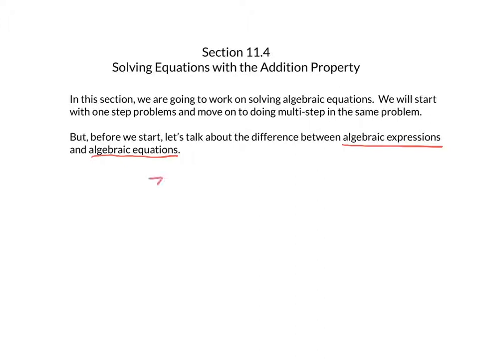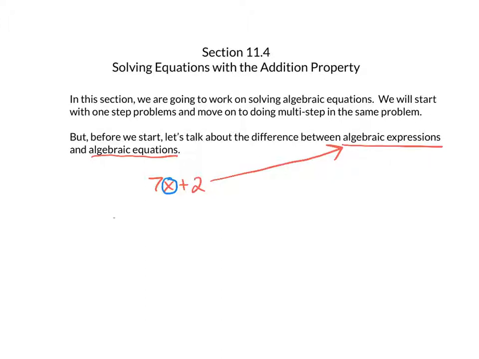For instance, 7x plus 2 is an algebraic expression. It just means to take an unknown number, x, we don't know what it is, multiplied by 7, and then add 2. It can't be solved for x because x can be many different numbers.